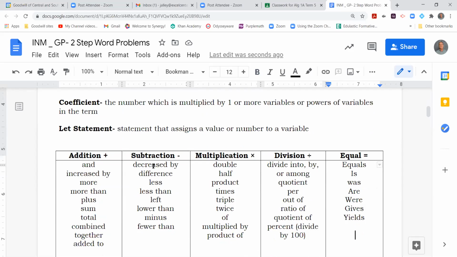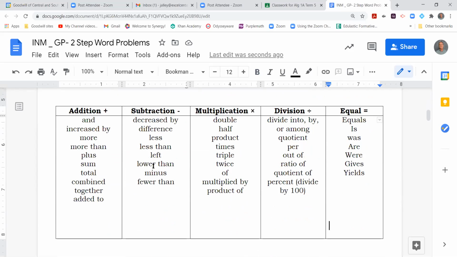The thing that is helpful about this table is if you've got a word problem, how do you know what operation you're using? Remember, there are only 4 operations: add, subtract, multiply, divide. I don't care how complicated people try to make stuff look, eventually you're going to have to do those 4 operations to solve a problem.